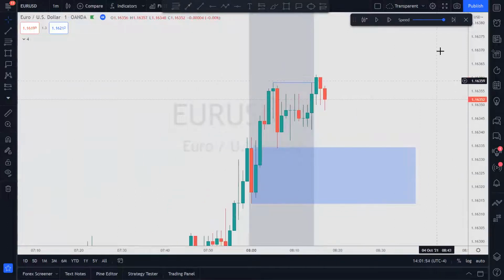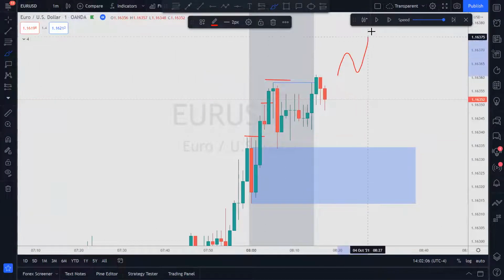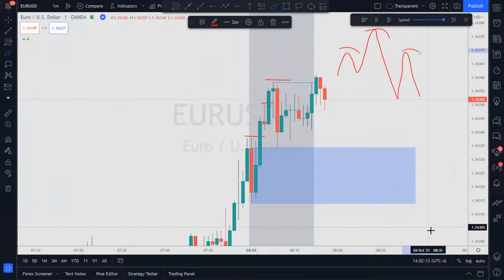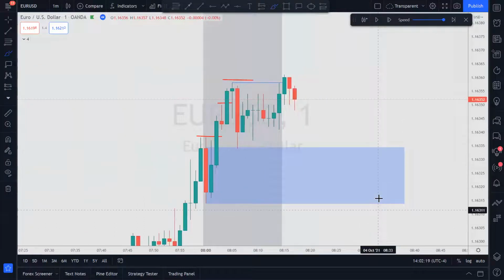But I want to make sure that price isn't transitioning on me. I'm making note of this high here, this high. I want to keep an eye out for this kind of transition, where you get a left shoulder, a head, and a right shoulder. You can call it a head and shoulders if you want to, you can call it a quasi.